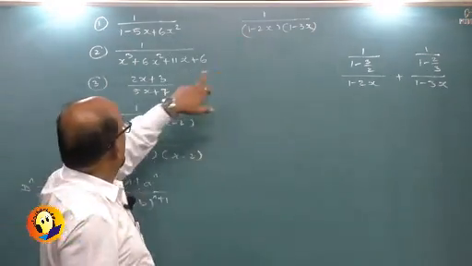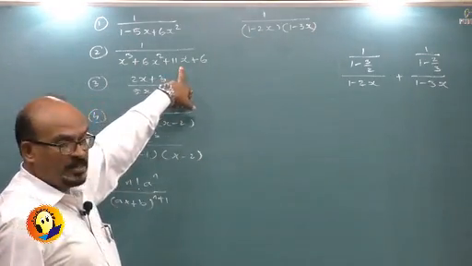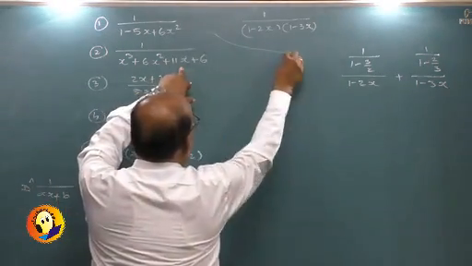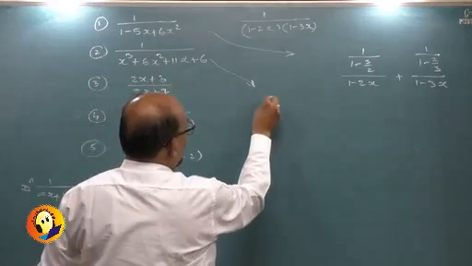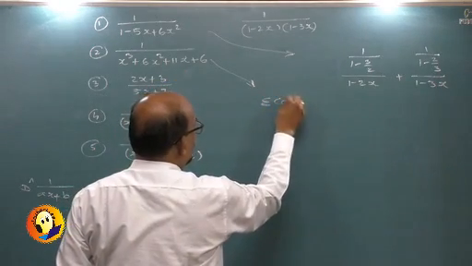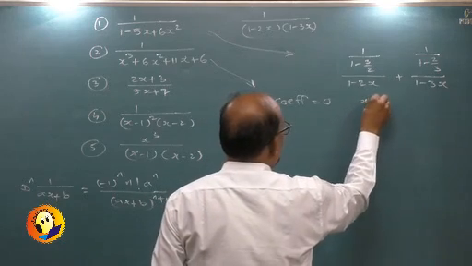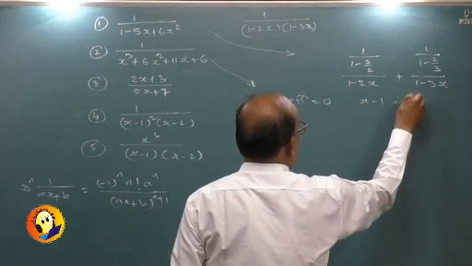Now for the second one, how do we factorize this? There are rules. So this is so far as the first one. When the sum of coefficients equals 0, x minus 1 is a factor.